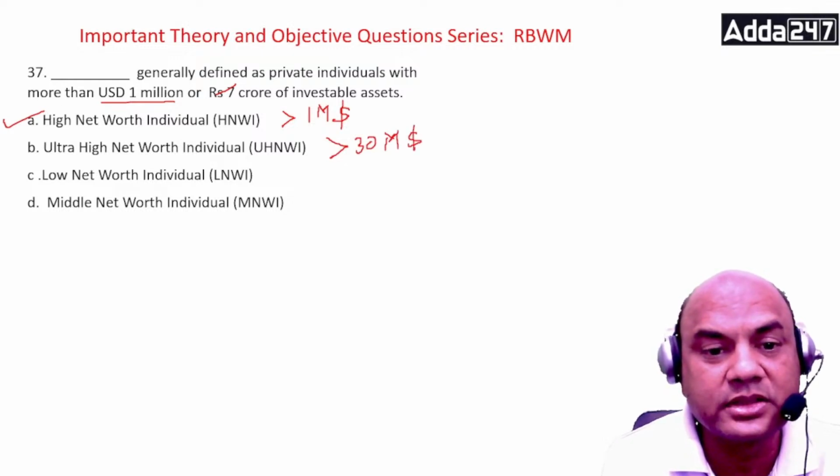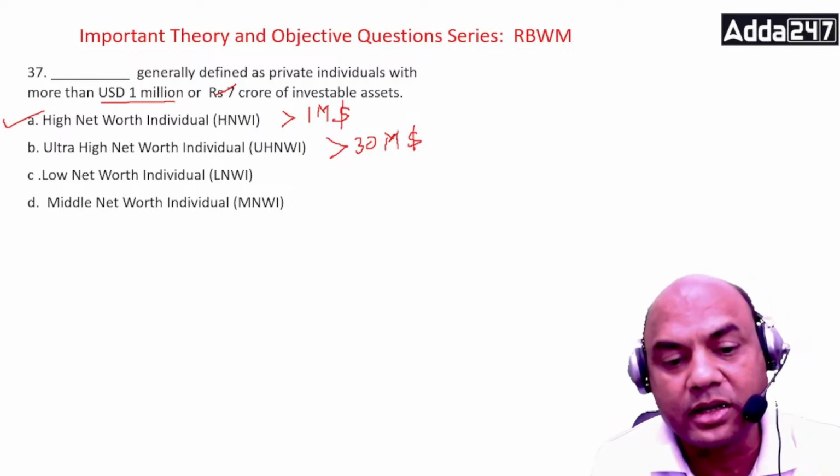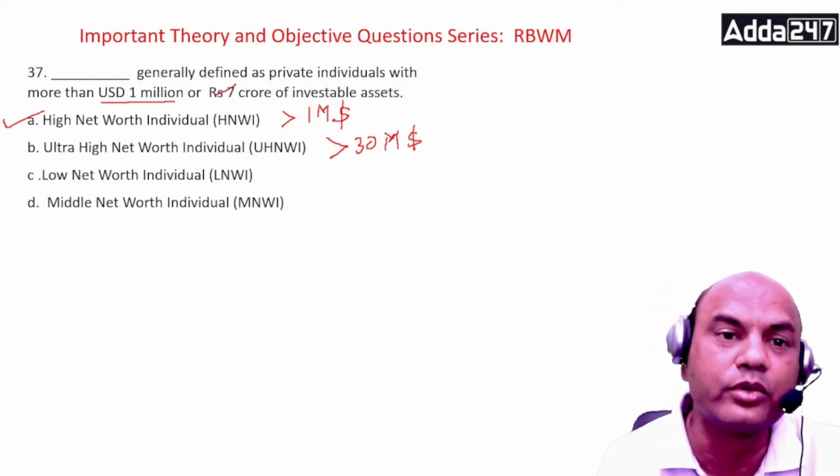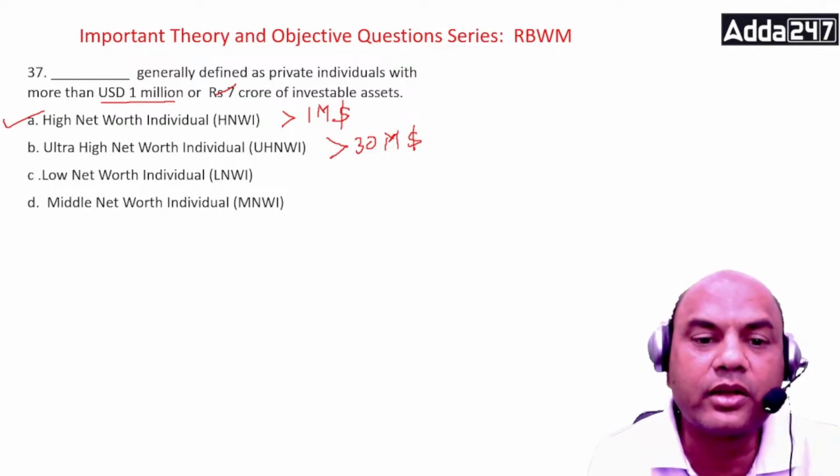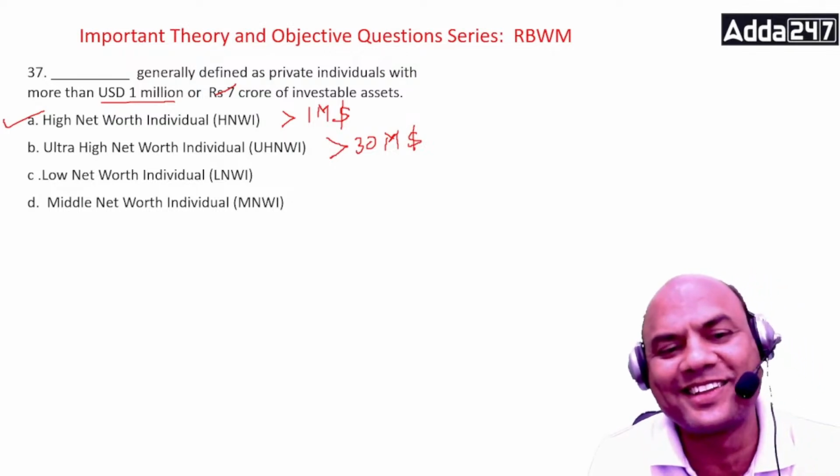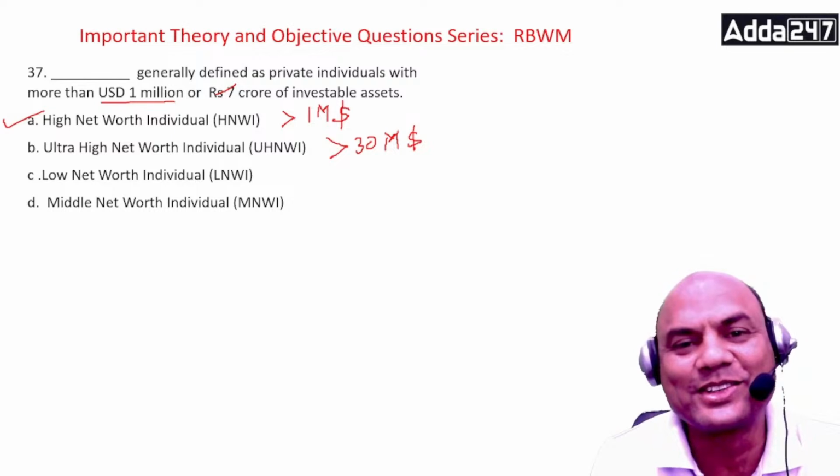30 million means, since 1 million is 10 lakhs, so what is 30 million? Huge. We can't even write the zeros of this. 1 million is 6 zeros, always remember.